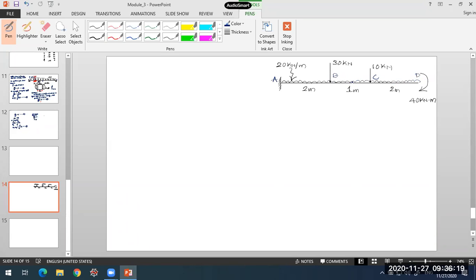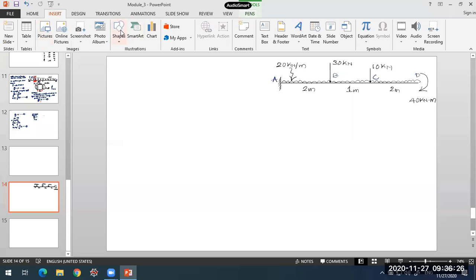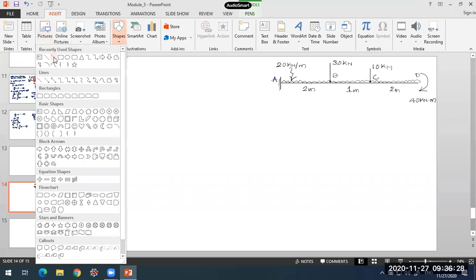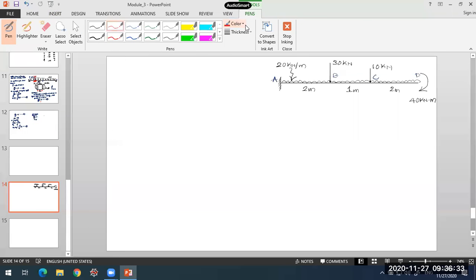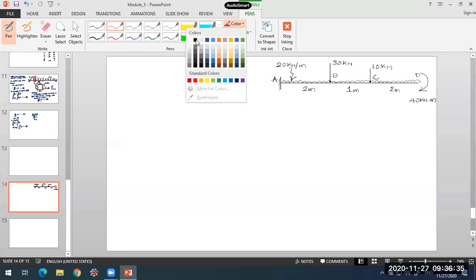Okay, so this is what we have. Now, the first thing we need to obtain is the reactions, before we go ahead with the calculation of shear force and bending moment. First we need to calculate the reactions in the beam.